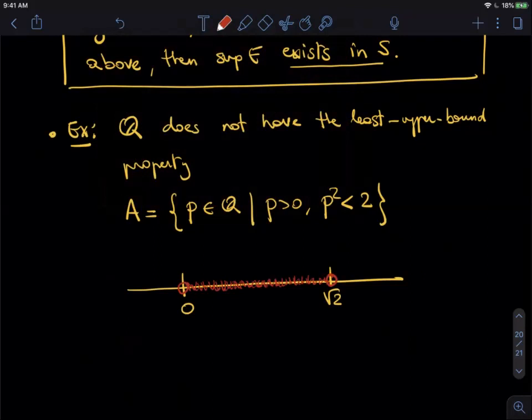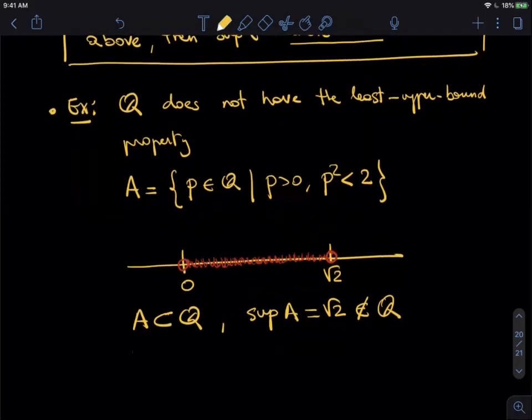So this A is clearly a subset of Q. The supremum of A is square root of 2, that is not an element of Q. So that's it. This is a counterexample that shows that Q, the rational numbers, do not have the least upper bound property.